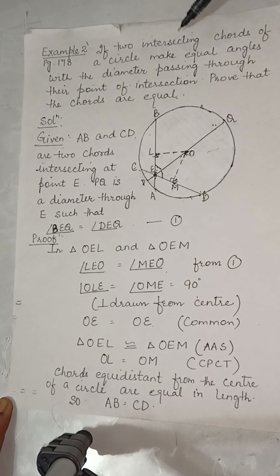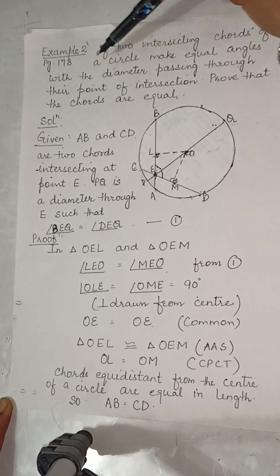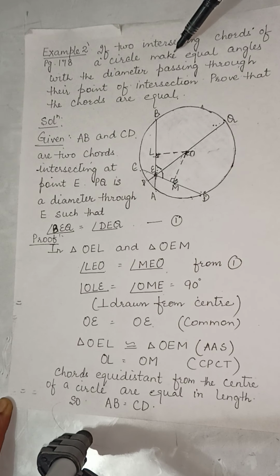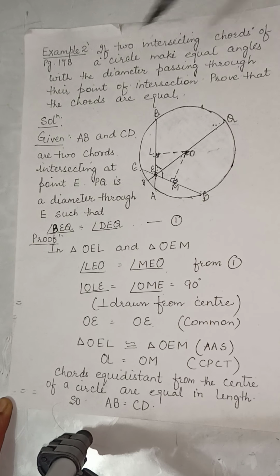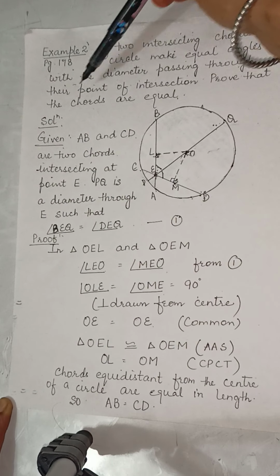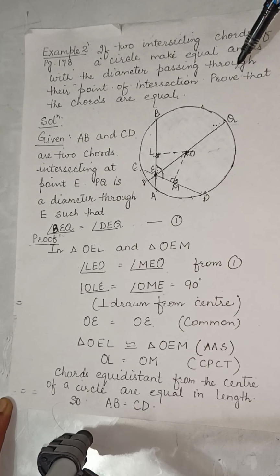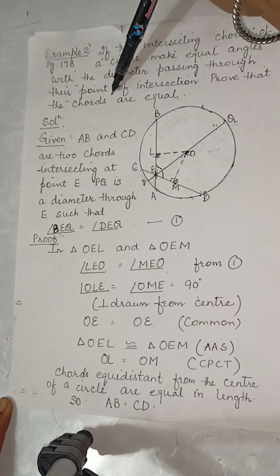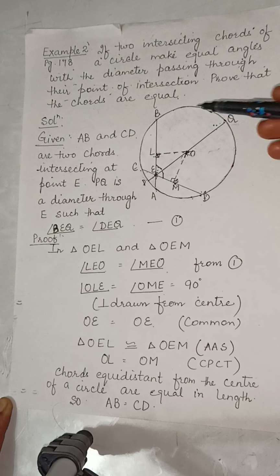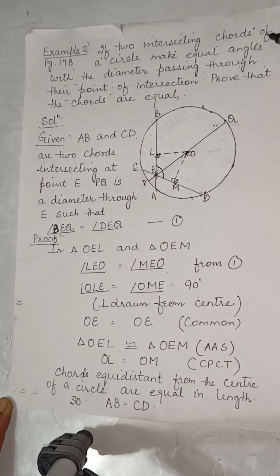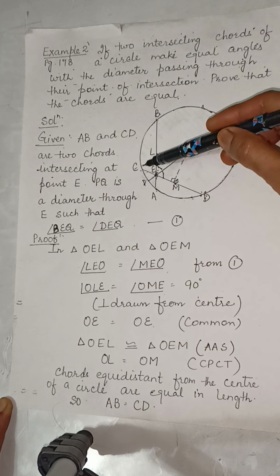If two intersecting chords of a circle make equal angles with the diameter passing through their point of intersection, prove that the chords are equal. Here it is given two intersecting chords, AB and CD.